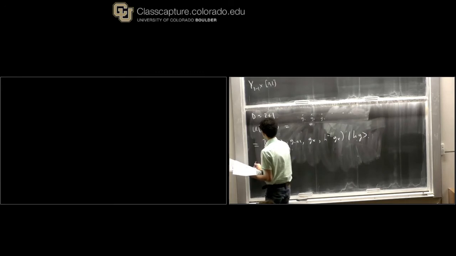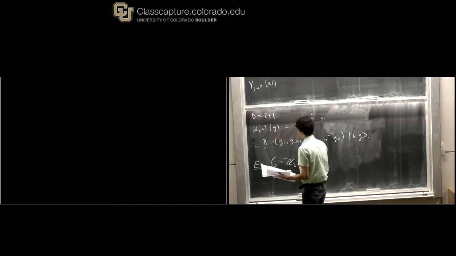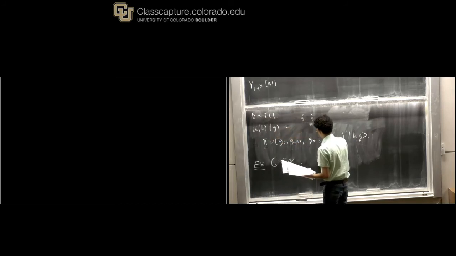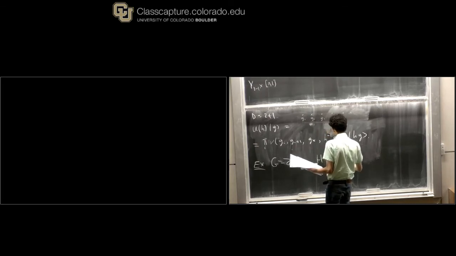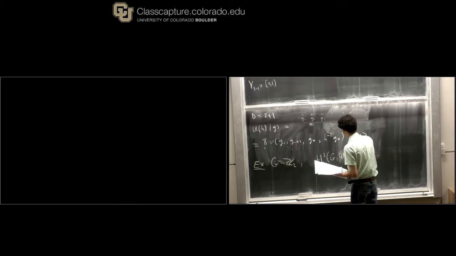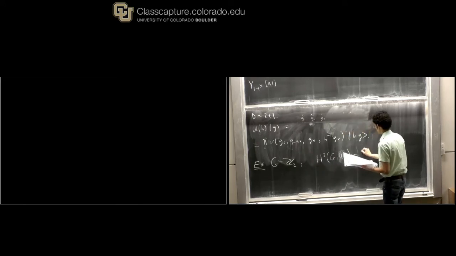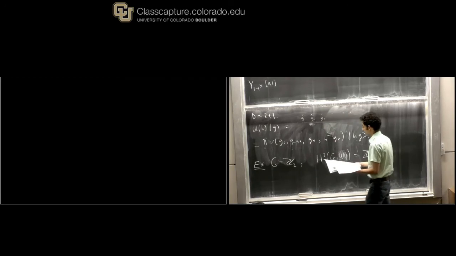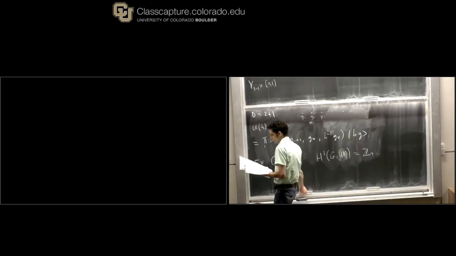Let's pick the symmetry group to be Z2. You can ask what are the cocycles for Z2 in 2 plus 1 dimensions. Turns out that this group is just Z2, and the non-trivial cocycle is the following.